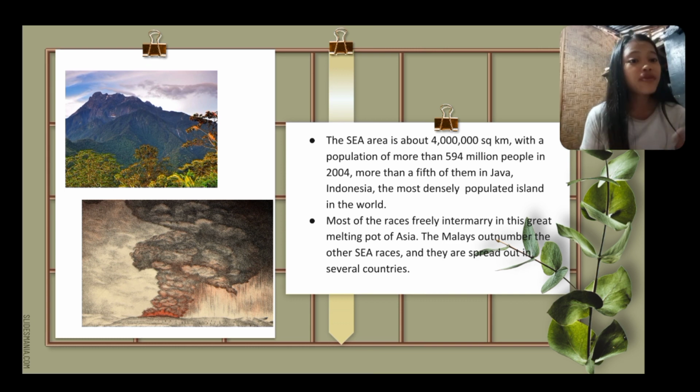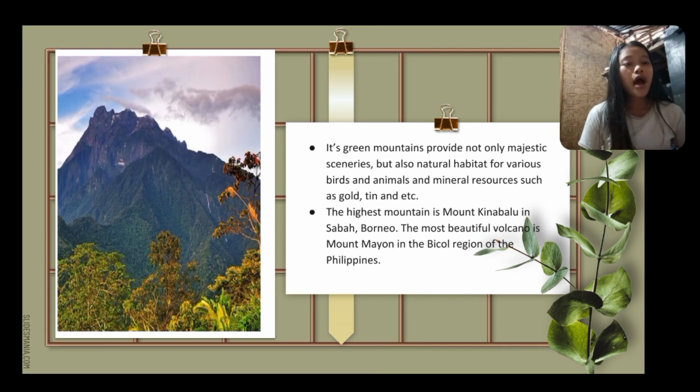The Malays and Gambler are the other Southeast Asian races, and they are spread out over several countries. Its green mountains provide not only majestic sceneries, can you view the picture, but also a natural habitat for various birds and animals and mineral resources such as gold, tin, and others.